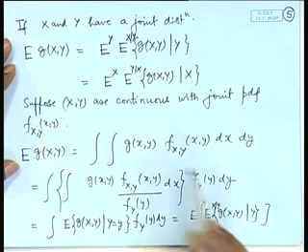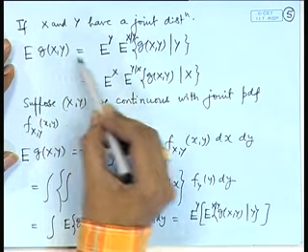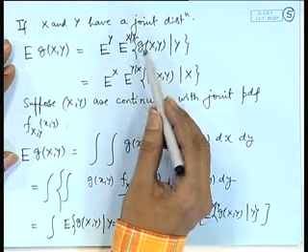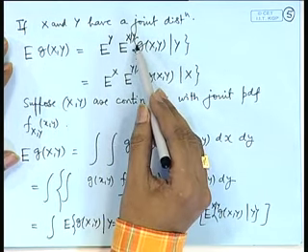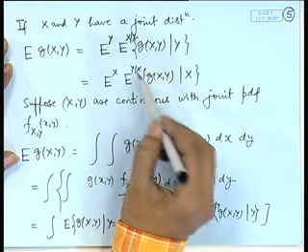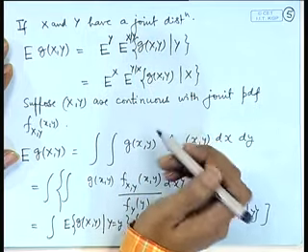That means the joint expectations can be calculated in stages, firstly with respect to a conditional distribution and then with respect to a marginal distribution, in either order.